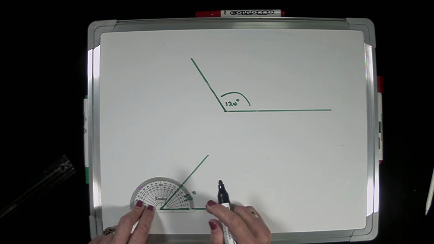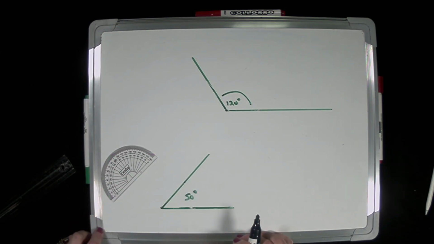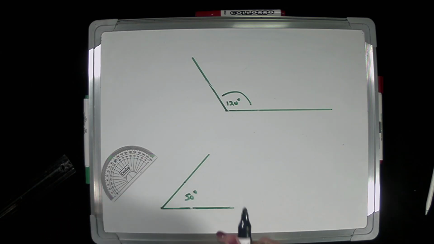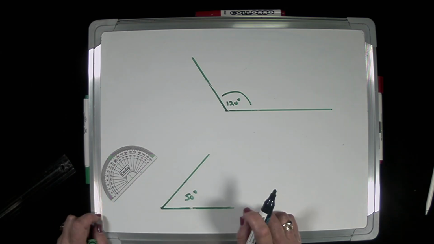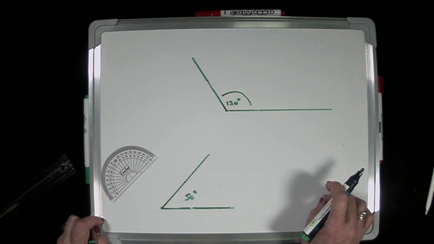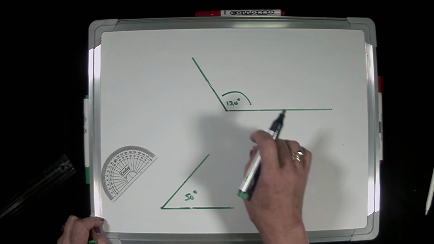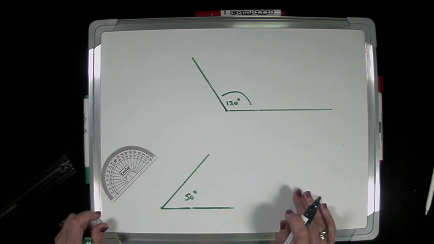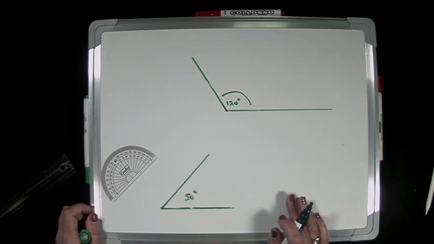You're going to make a little note there. You're going to check it, and you're going to see it is 50 degrees. Okay, so always check. Use your brains, because you know what an acute angle, a reflex angle, and an obtuse angle look like. So if your reading does not make sense, then you just check your answer again.